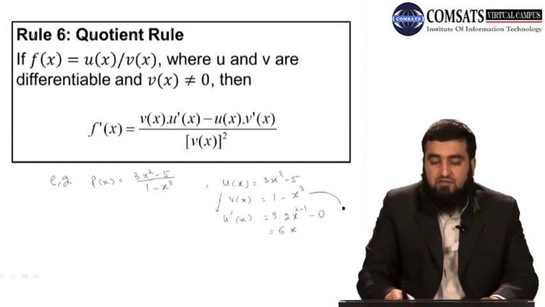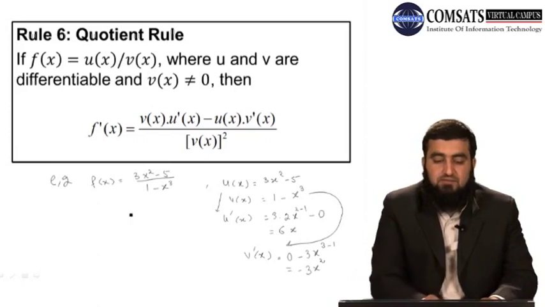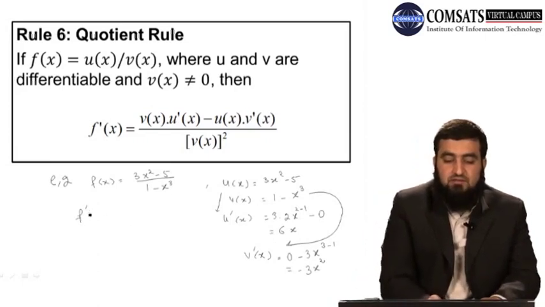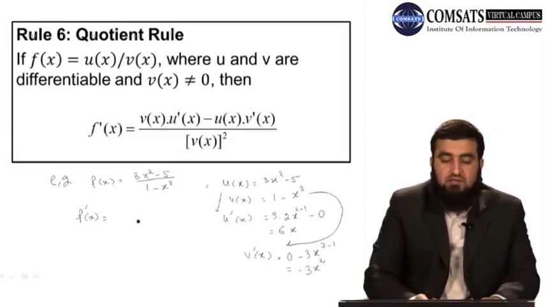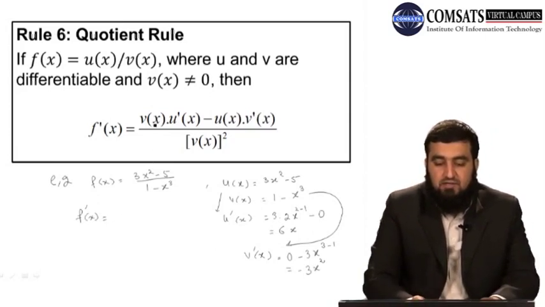So now we find the derivative of v of x. So v prime of x is the derivative of the constant, which is 0, minus, now we apply the power rule here, 3 times x to the power 3 minus 1, this is minus 3x square. So now we have all the values which we need to solve this example. So to find f prime of x, first you will write v of x here.